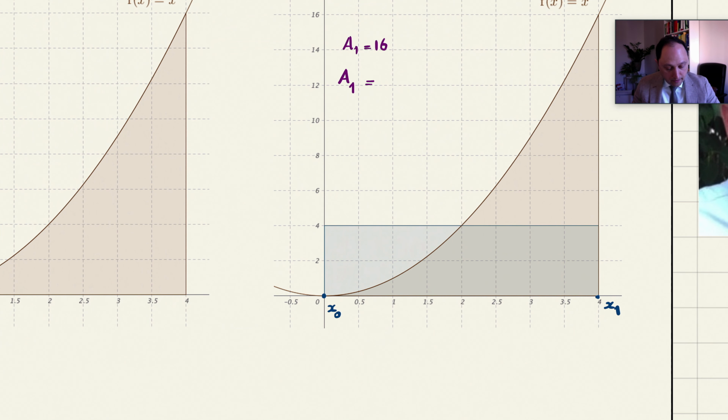And the midpoint, I will call it midpoint number 1. So always I want to denote the first number by x node, the last number x something. Here I have one rectangle, so I call it x1. And the midpoint, I call it m1.